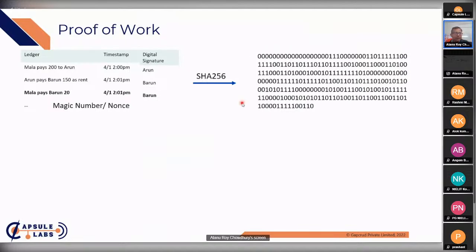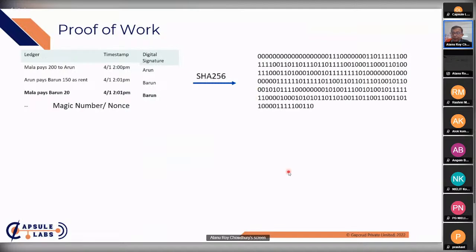Remember, we just discussed that it is computationally very easy to compute the hash value of a given input, right? But the other way is not very easy. I cannot find out what my input value should be so that my output has a particular pattern, right?